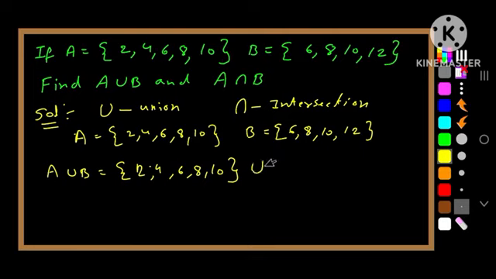The union symbol is there, so simply write down union. Next B: 6, 8, 10, 12.